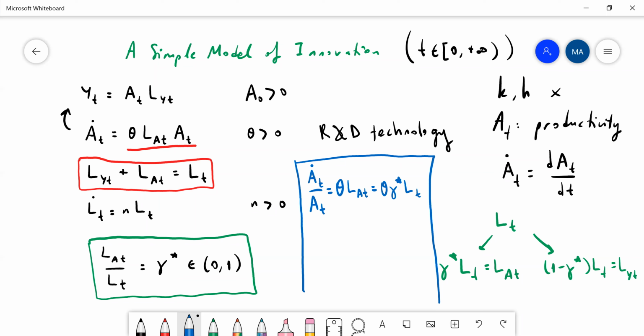Okay, and this itself is L_AT. Okay, so from this, of course, you know that the growth rate of y will be equal to growth rate of A. Okay.